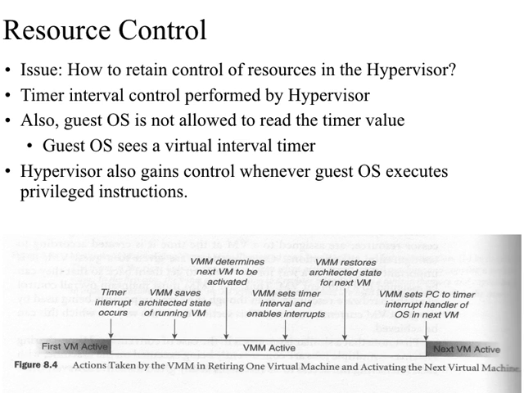Another thing we want to pay attention to is how operating systems maintain control over the CPU resource. Here the problem is similar to standard operating systems. Let's say you have a process that's constantly running CPU-bound jobs and is not yielding the CPU back to the operating system.